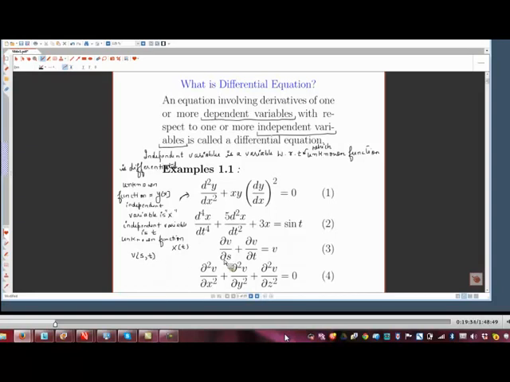You got the idea how to figure out the independent variable, the dependent variable and the unknown function. Basically the unknown function and dependent variable are the same, because a function changes its value as the variable gets changed.